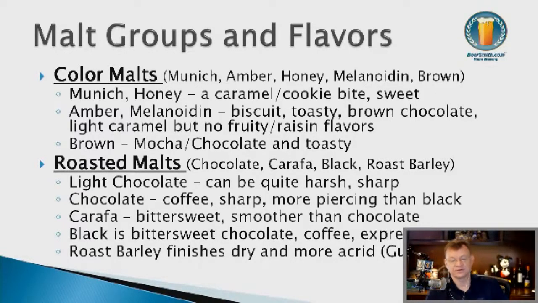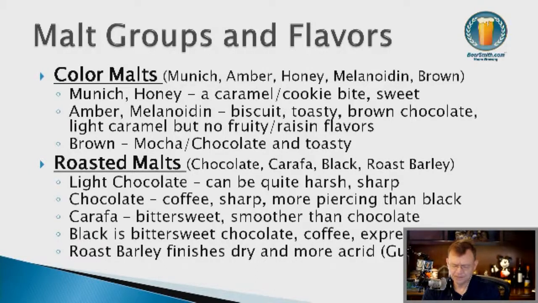And that is a great thing to put in something like a sweet stout, because dehusked Carafa means that they took the husk off of the grain, either before or after they roasted it. The husk of the grain contains most of the tannins, which give you a lot of that sharp, piercing bitterness.